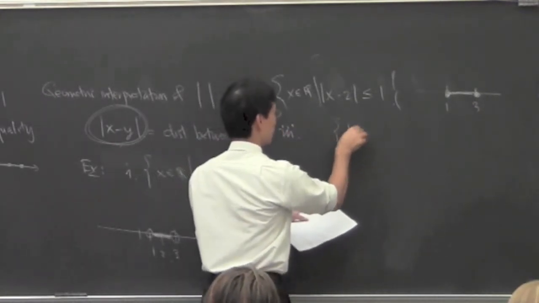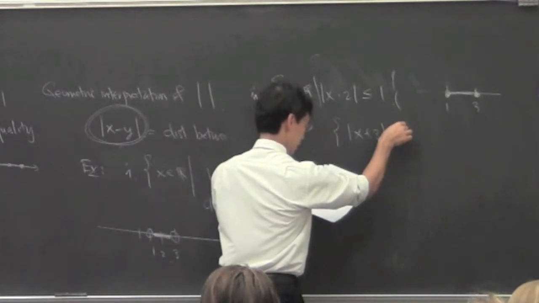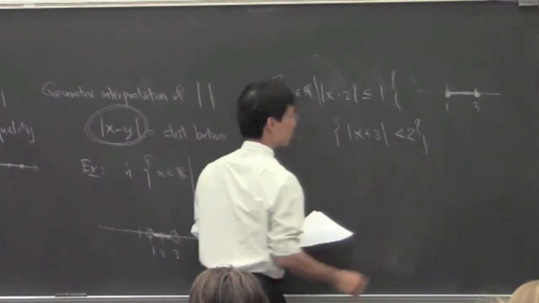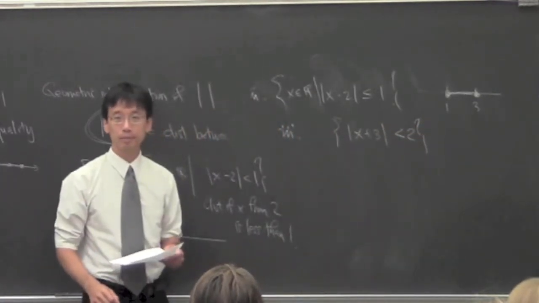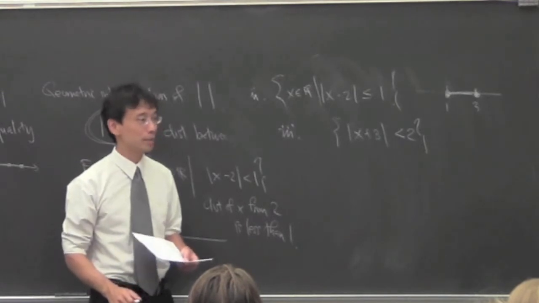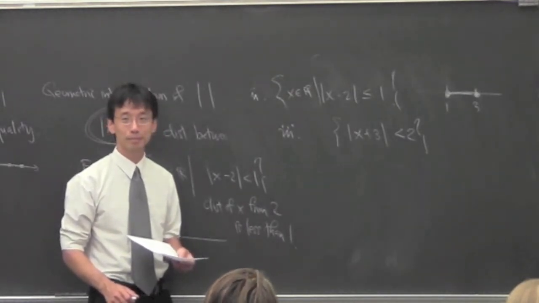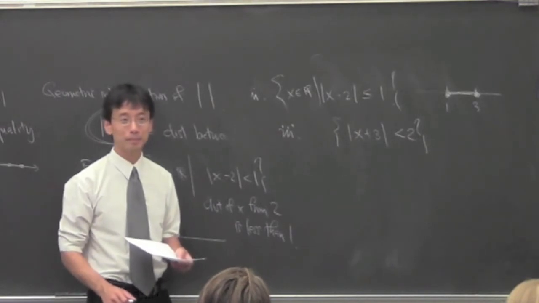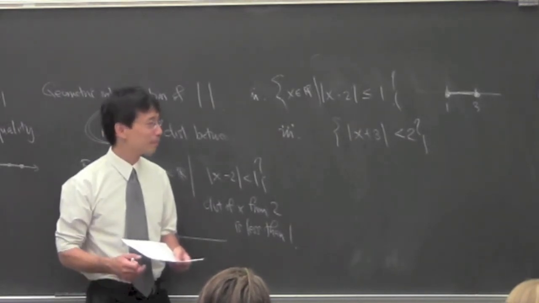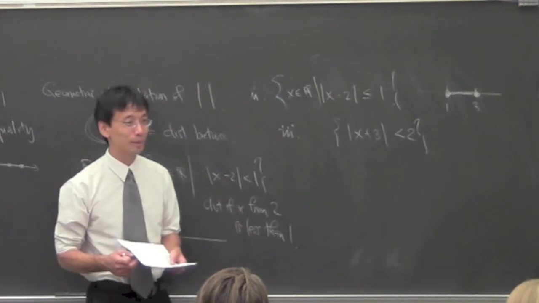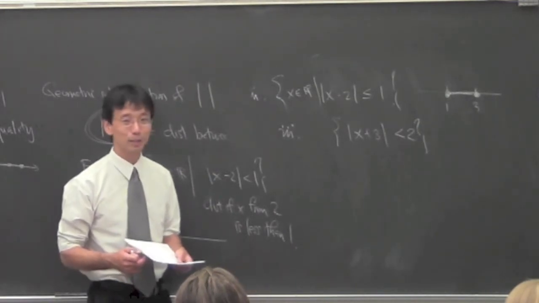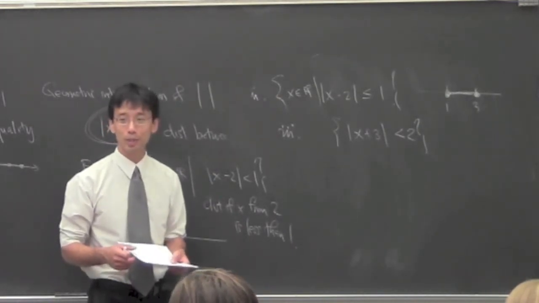If I say the absolute value of x plus 3 is less than 2, then think for 10 seconds. Okay, and then turn to somebody next to you and tell them what it is.